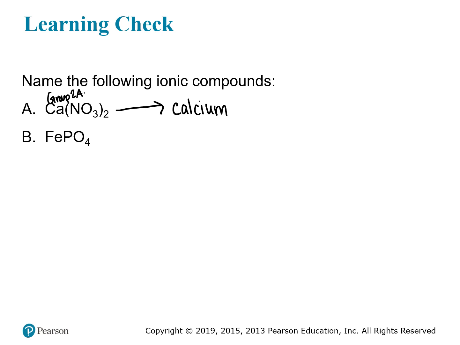That means we don't have to do anything else for that part of the name. The second word is going to be the name of the polyatomic ion. NO3 is nitrate. So it's calcium nitrate. Done.